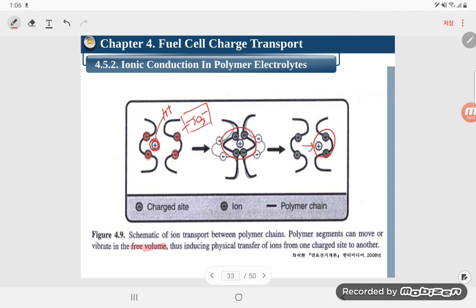So through this mechanism it can move through here, and without this they drive. If there is a water channel, there can be a driving mechanism. Oxonium ion can move through this water channel. This is a driving mechanism.